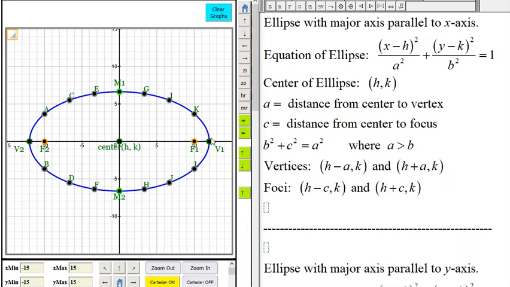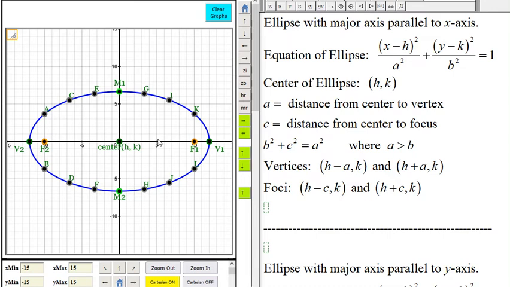The points at these two ends are called vertex 1 and vertex 2. The distance from here to here is called the major axis, so the major axis is from vertex 1 to vertex 2. We can see that the major axis is parallel to the x-axis.